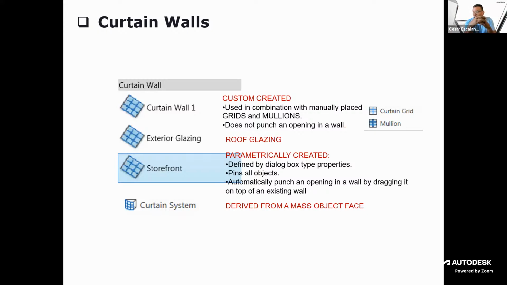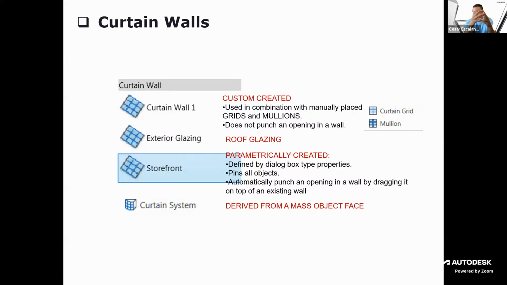The grid can be across the entire length of the surface, or it could be subgrids inside panels. So you have greater flexibility in creating a specific type of aesthetic. And then after subdividing the glass into panels, you place mullions. A mullion is a two-dimensional extrusion along the grid.